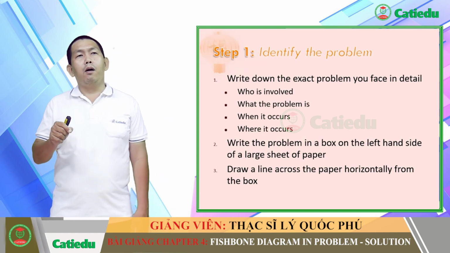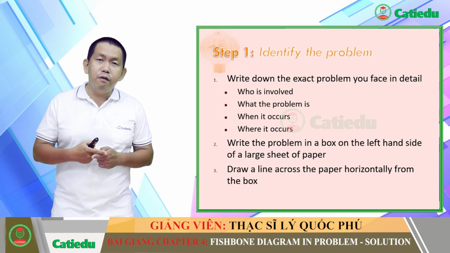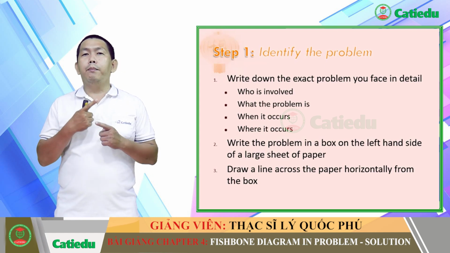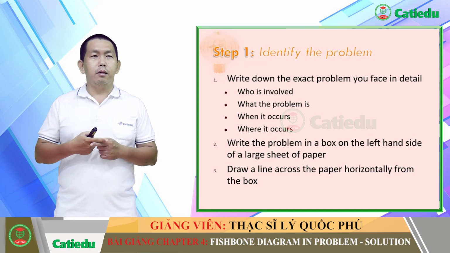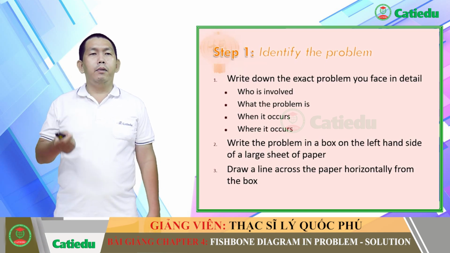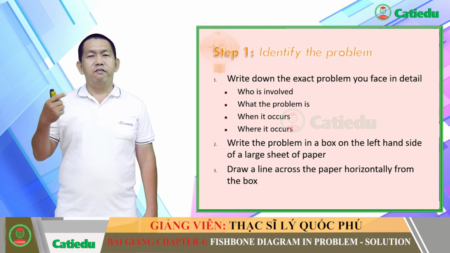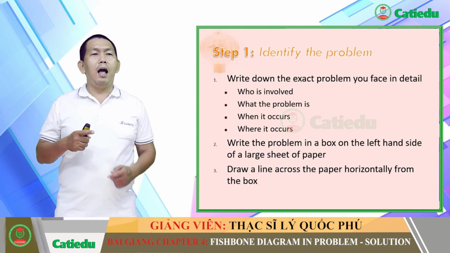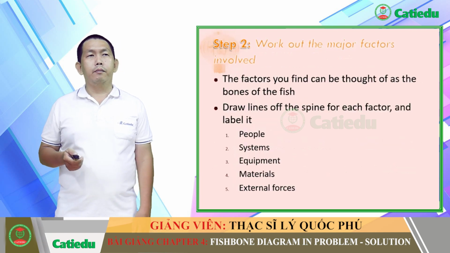First, you have to write down the exact problem you face in detail. Who is involved in the problem? What the problem is about? When does it occur? Where does it occur? Then you write the problem in a box on the left-hand side of a large sheet of paper, and you draw a line across the paper horizontally from the box.